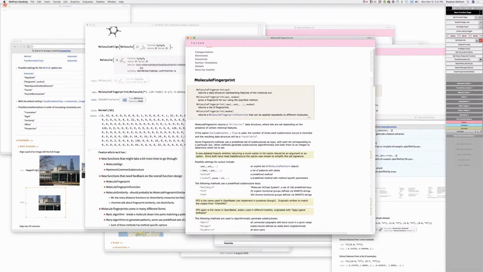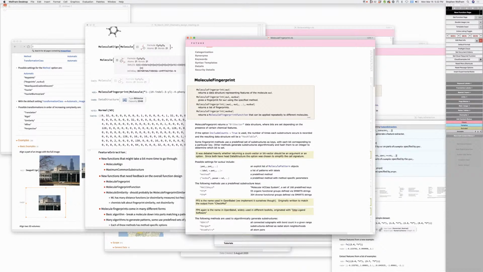Okay, so for example, if I did a feature space plot with molecules, this would be the thing that would be the default used for the feature extraction for that. Is that right? Yes. I haven't been able to quite make that work in my examples. Okay, but so that would, yeah.